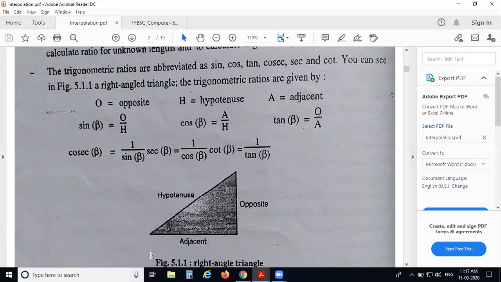Tan beta means opposite side divided by adjacent side, that is O divided by A. And from these values, cosec beta is equal to 1 upon sin beta. Then sec beta is equal to 1 upon cos beta, and cot beta means 1 upon tan beta.